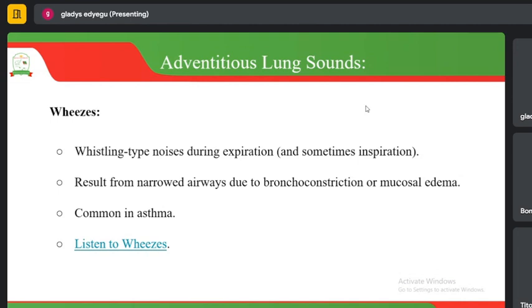I think the wheezes, yes, these are normally common with asthmatic patients, and of course it's like that kind of whistling sound. Sometimes you can even hear this without the scope, without auscultating.